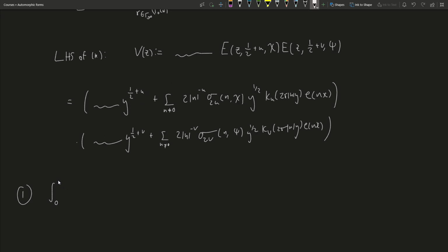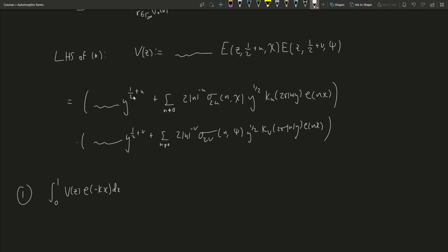Let's look at the integral from 0 to 1 of v of z times e of minus kx dx. So this is the kth Fourier coefficient, and written out in this way, we can, by inspection, see what it's going to be.